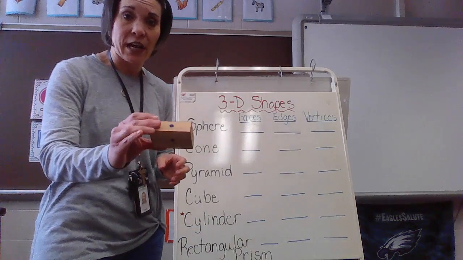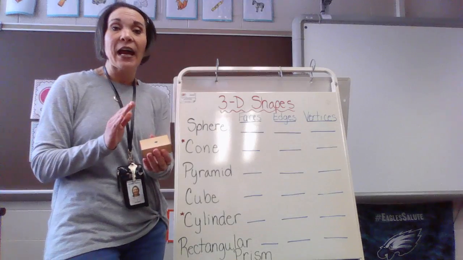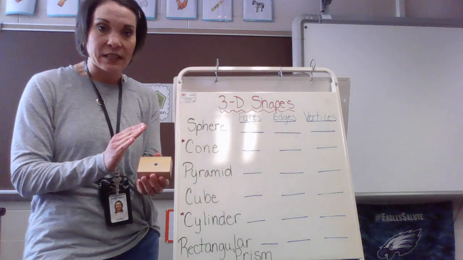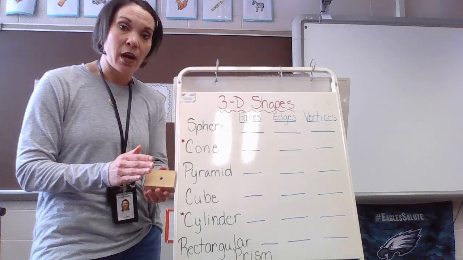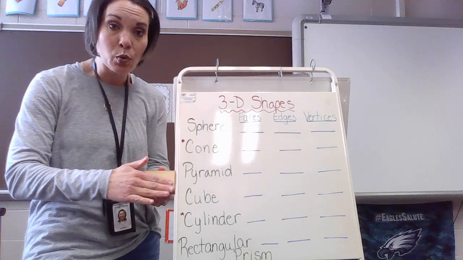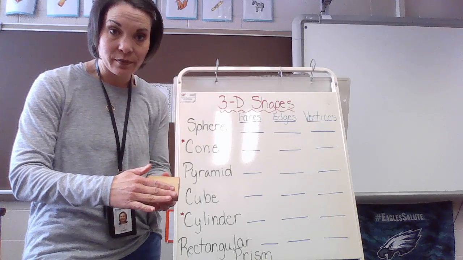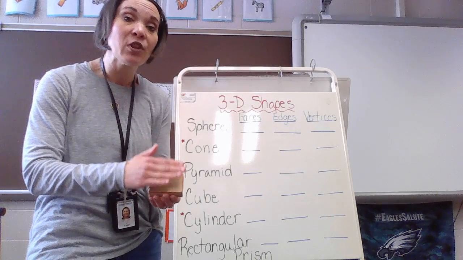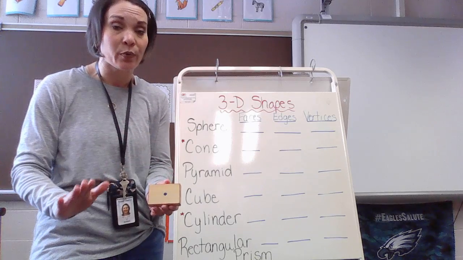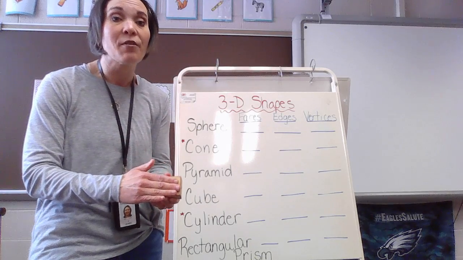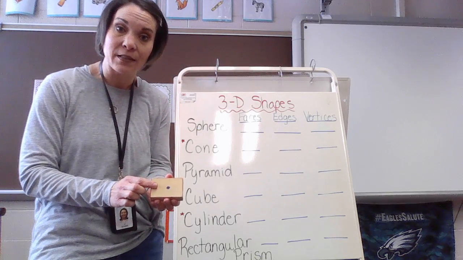So I just grabbed a rectangular prism, okay? When you're thinking about a face, the face on a 3D shape is going to be smooth and flat. Even though something might be smooth to the touch on another 3D shape, it has to be flat in order to be considered a face.